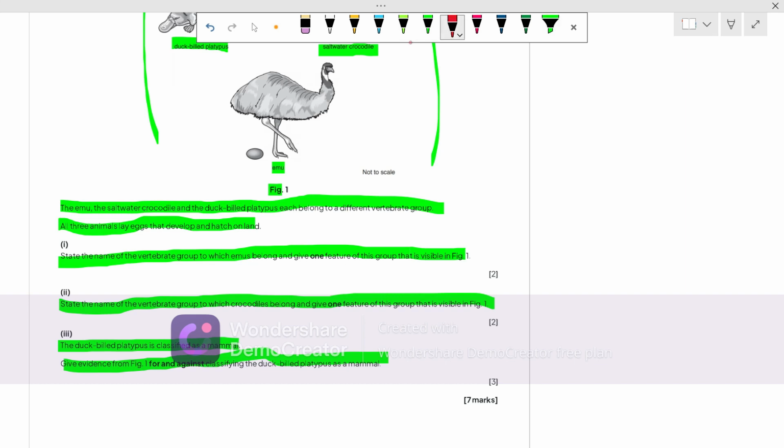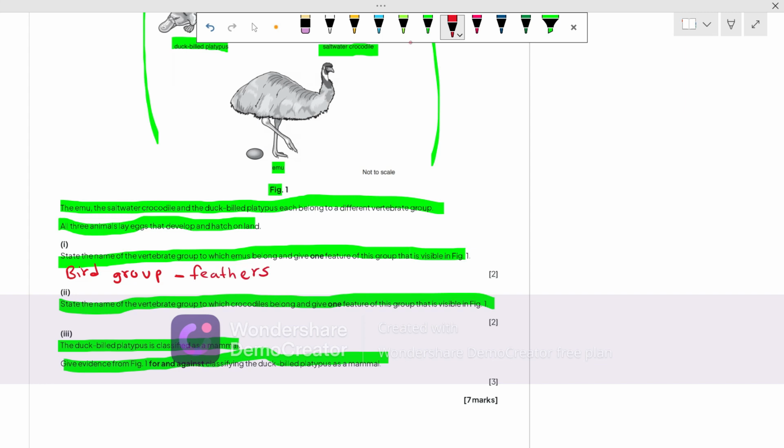So for the first one, state the name of the vertebrate group to which emus belong and give one feature of this group that is visible in figure 1. Of course, this one belongs to the bird group. One feature that is visible to identify that this animal is in the bird group is that it has feathers.